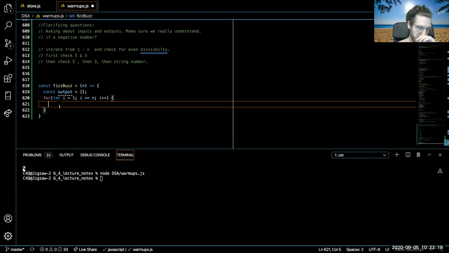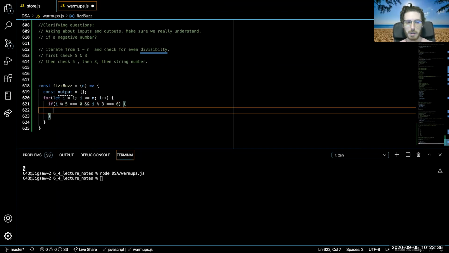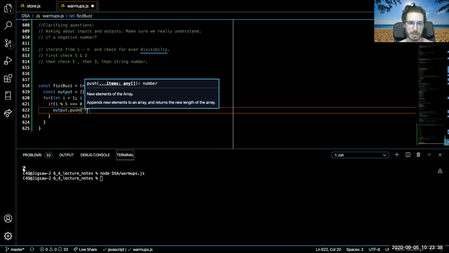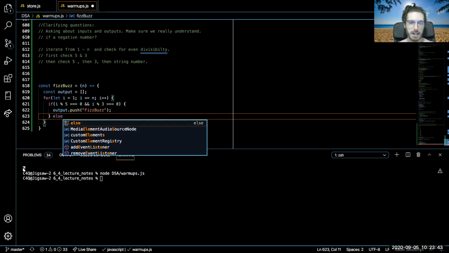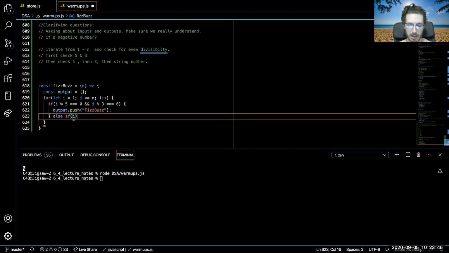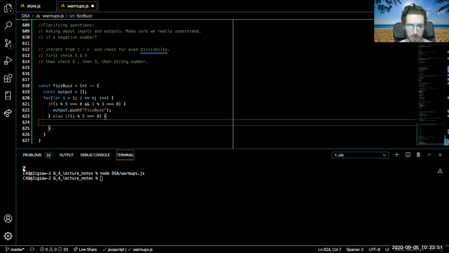Okay, so let's go ahead and just do our check. We'll say, if i modulo 5 is equal to 0 and i modulo 3 is equal to 0, then we just want to push FizzBuzz. And then we can do our else if i modulo 3 is equal to 0, then it's Fizz.